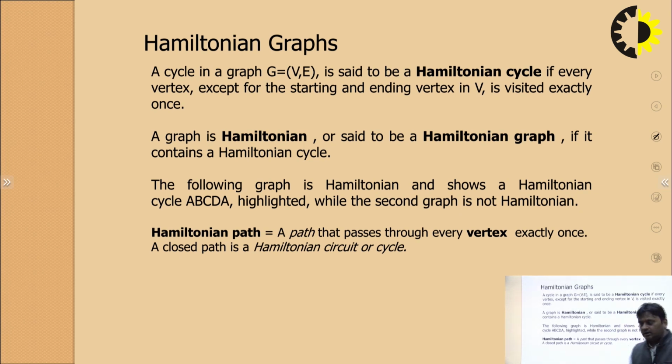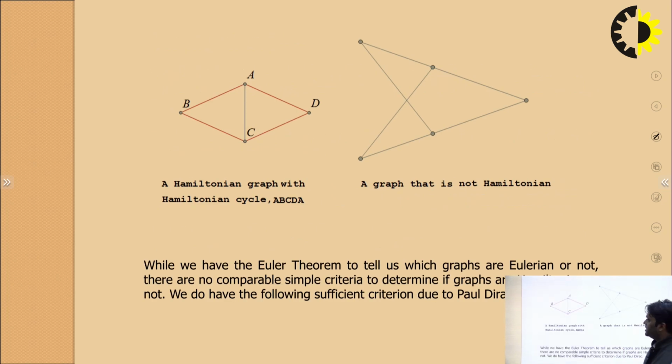Here we take a graph ABCD, with vertices A, B, C, D and edges 1, 2, 3, 4 and 5. If we take any graph in which all vertices are traversed, then the graph forms a Hamiltonian cycle if the start and end vertex are the same.